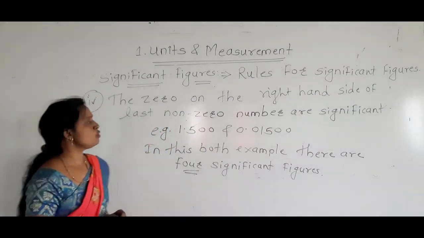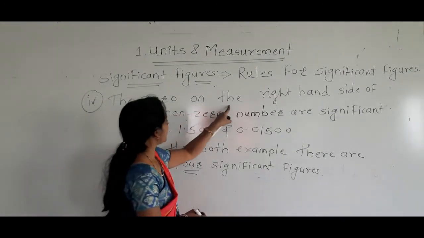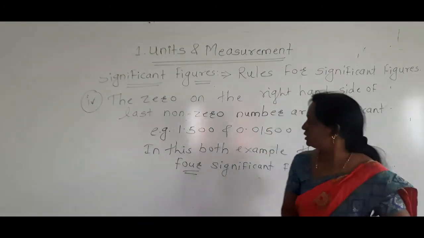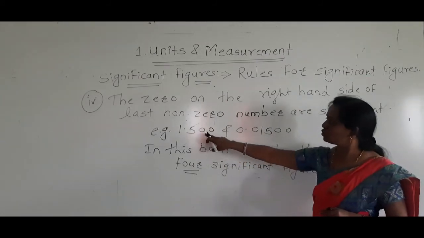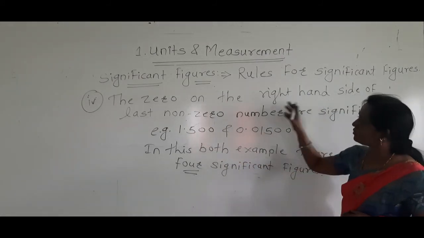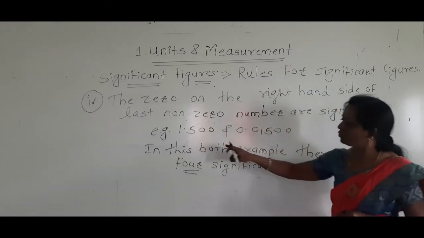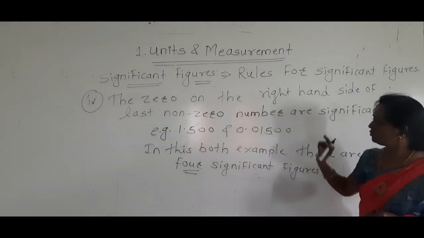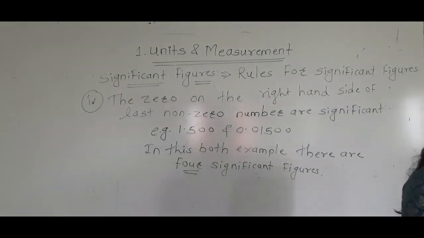This is the fourth rule for significant figures, that is zeros on the right hand side of the last non-zero number are significant. Therefore, in both examples the zeros on the right hand side of the last non-zero number are significant. Count the digits, that is 1, 2, 3, 4 and 1, 2, 3, 4. We get four significant figures.